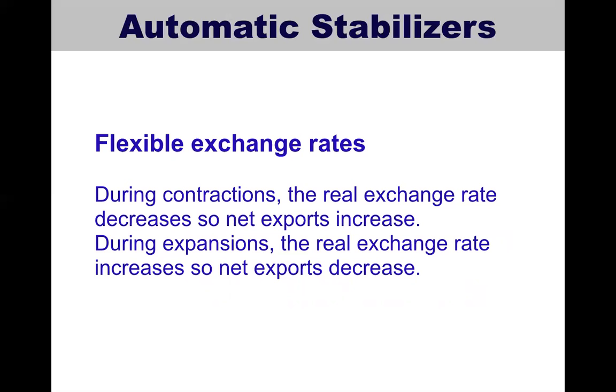Ultimately, when you have a flexible exchange rate during a boom cycle, so if Canada's economy is booming, it means that the exchange rate is going to be high, which means that net exports are going to go down. And when Canada is in a contraction, it means that the exchange rate is going to go down and net exports are going to go up.